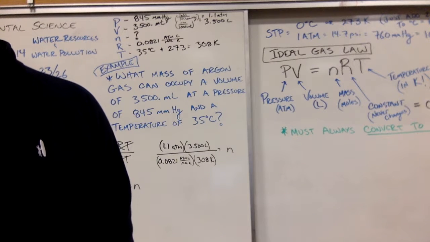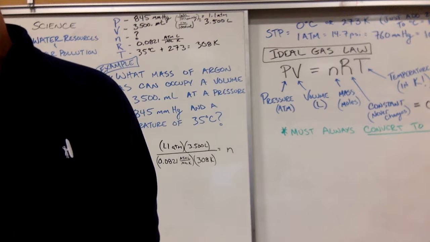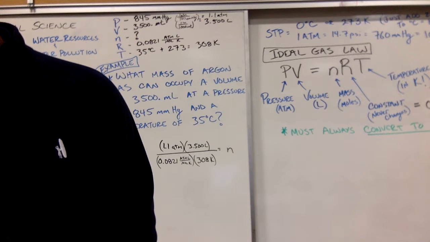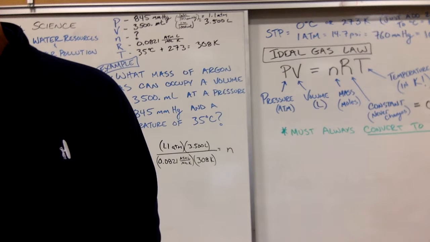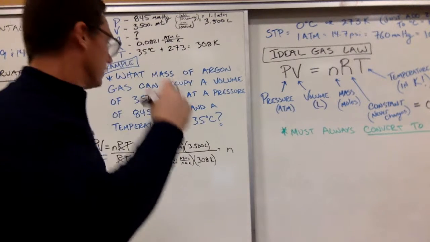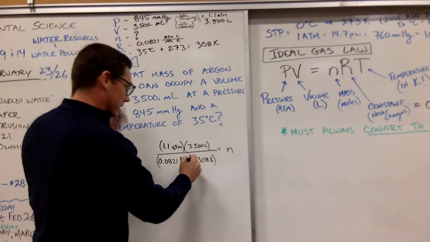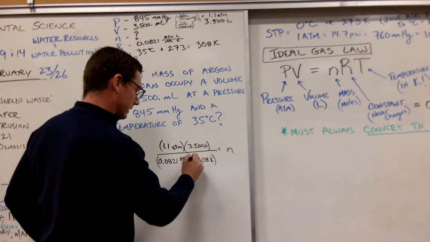Okay, and now we need to calculate. Okay, so if we calculate this, you'll see that we can cancel some things out. Okay, we can cancel out atmosphere. We can cancel out liters. So here's atmosphere. We can cancel that out. We can cancel out liters and liters.